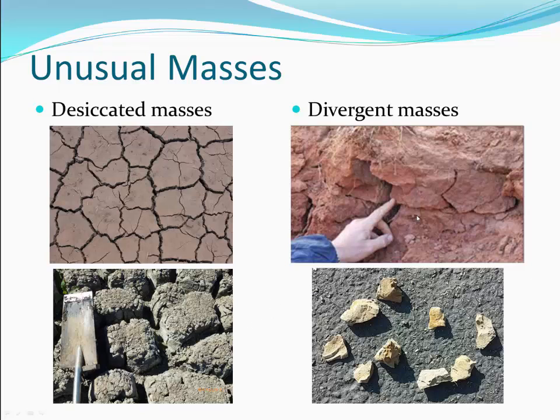On the right, we see divergent structure, and this is a compacted layer right below the plow line. And you can see, though, that the shapes of these are quite irregular. This is not a usual shape. This is not a predictable shape. It's not a consistent shape. They're either large, they can be small, but they just have no particular pattern. And down below in the lower right is a close-up showing these different shapes.